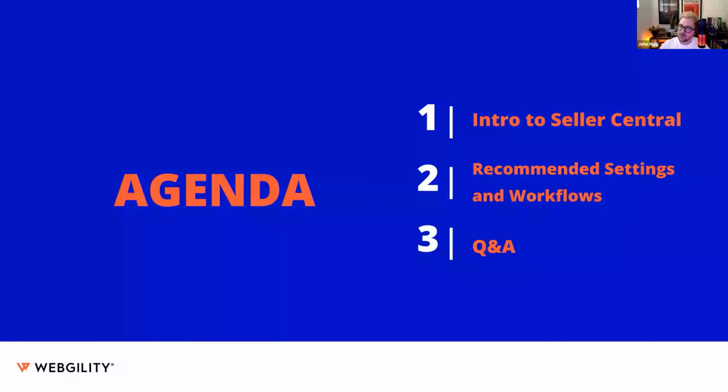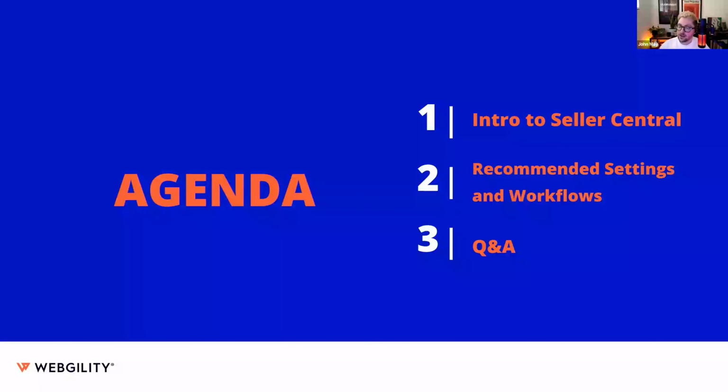It was very obvious on that webinar that we have a lot of Amazon sellers that maybe are unsure that their Webgility is set up correctly to make sure that things are pulling through properly from Amazon and going into QuickBooks. That's the whole reason we wanted to do this follow-up webinar, where we talk about what you should be doing, how you should be setting up Amazon inside of Webgility to make sure that you're set up for success, so that the reconciliation process is easier.